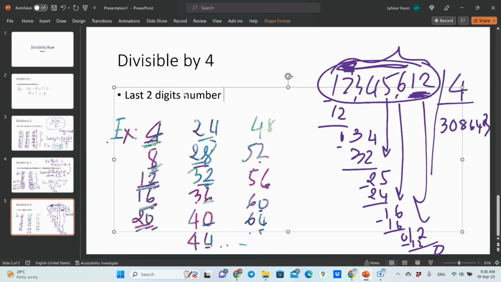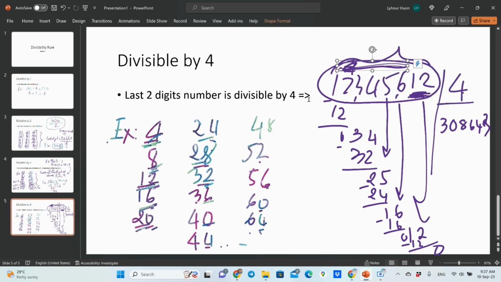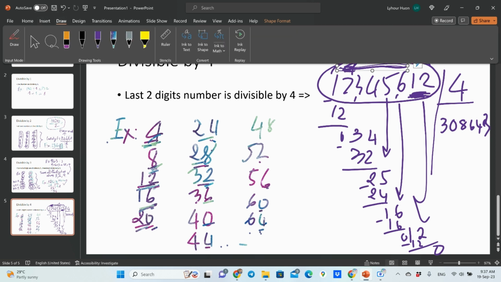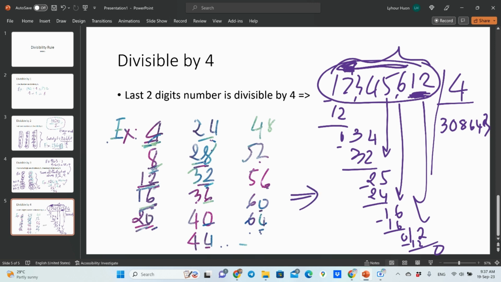If the last two digit number is divisible by 4, therefore, as you see this sign, the sign looks like this, like the less than sign.